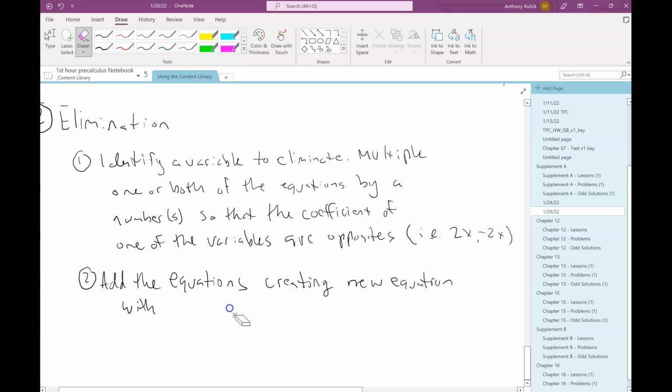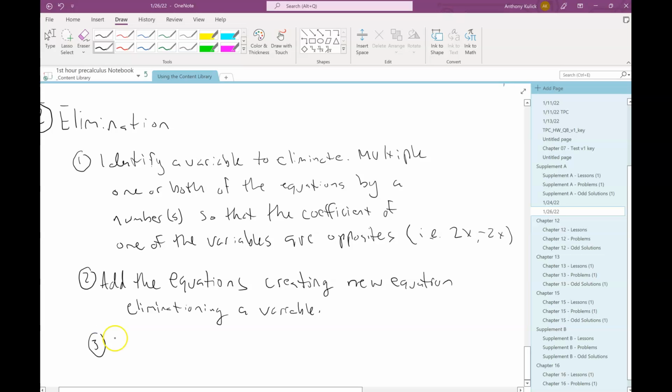Let's not say that, because you could get no variables. Eliminating a variable doesn't preclude the possibility of both of them eliminating. That's good.